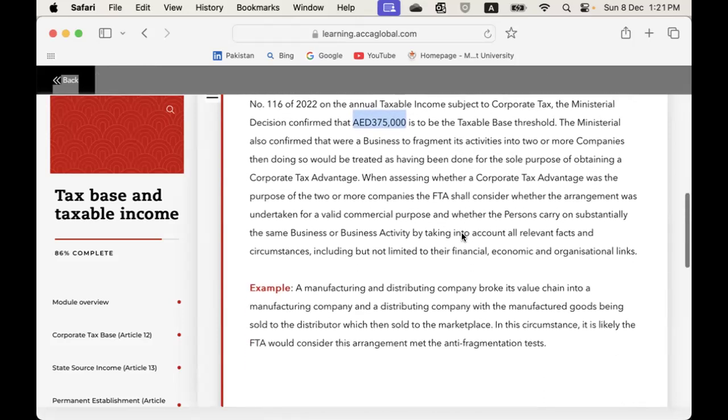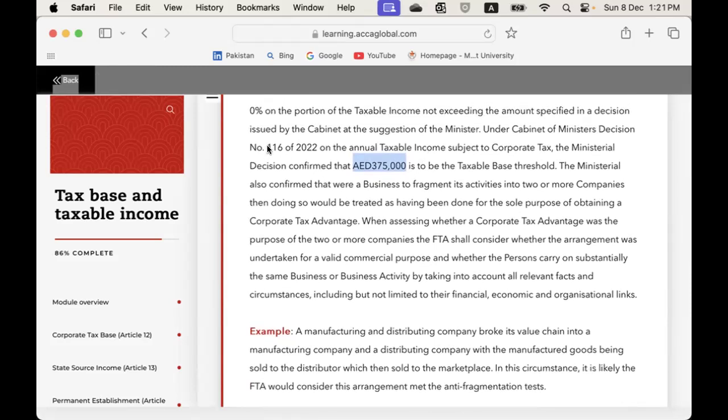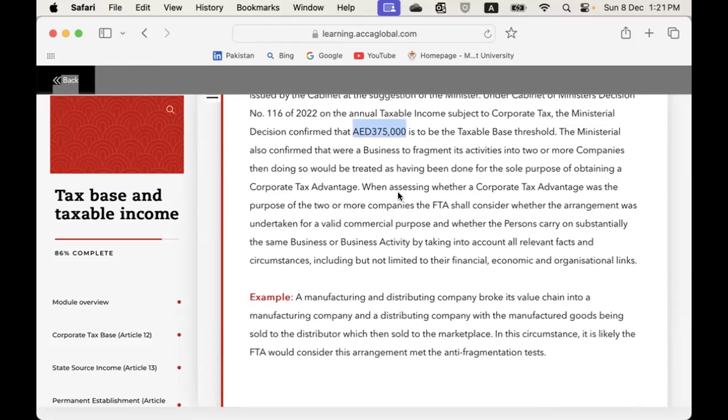First 375,000 is zero rated, and there was a decision, 116 of 2022, which specified this limit. That's one point. Secondly, in the same decision, they highlighted something which internationally is referred to as the anti-fragmentation rule.